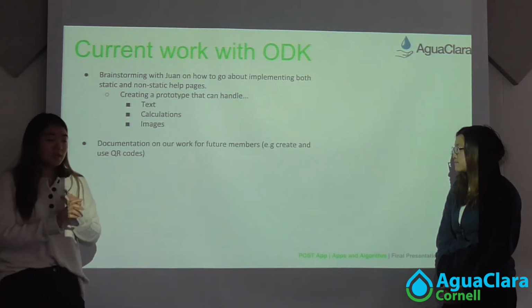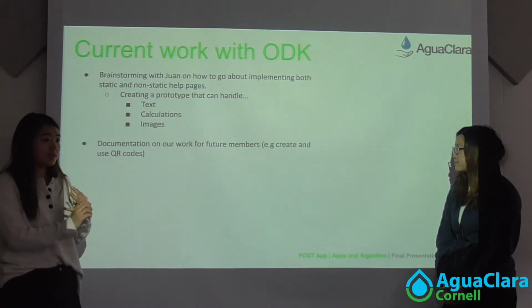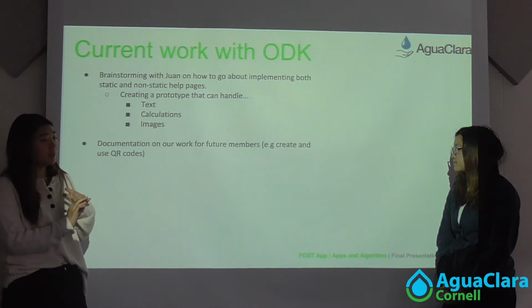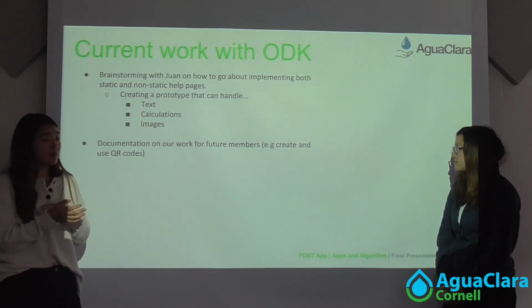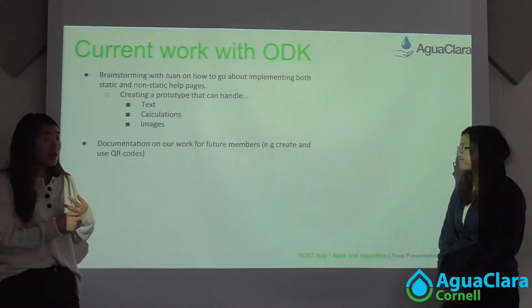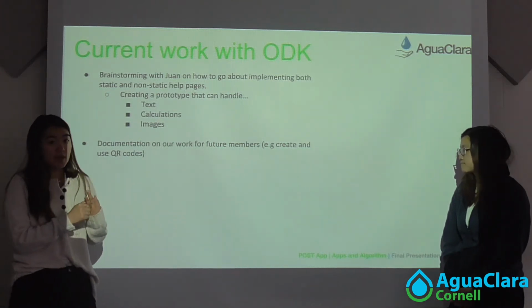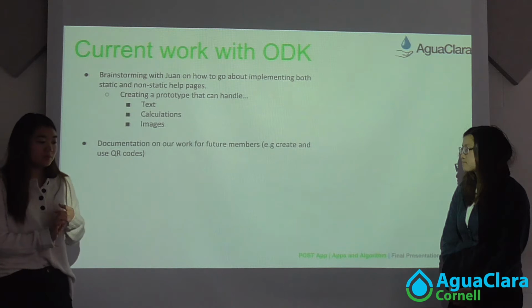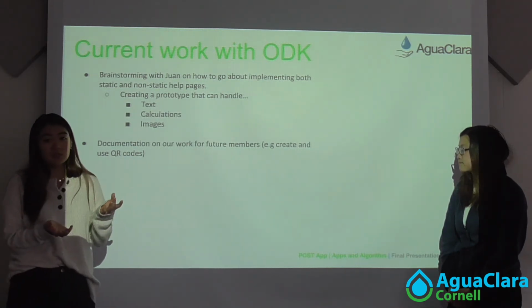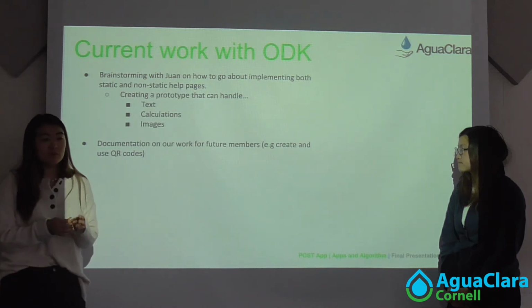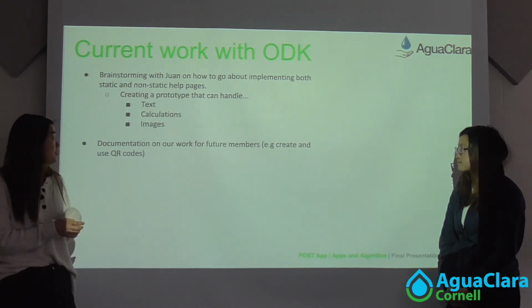So for example, if one wanted to find the flow rate, they could put in some parameters, and hopefully it could spit out some numbers for the plant operators. And then finally, we also want to have images, which will be really helpful because it could depict maybe where in the machinery to turn to if you have this problem or how to fix that problem.